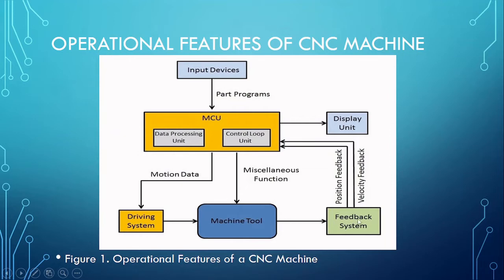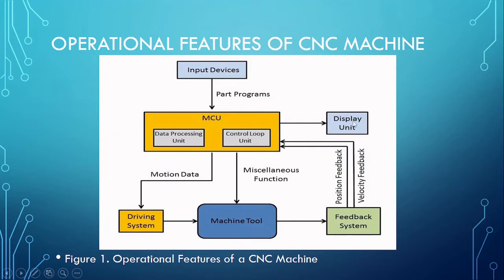Now, there's always a feedback system because part programs are for positions and velocity. So the coordinates of the tool and the workpiece have to be monitored. So there's a feedback system that checks the part program instruction against the actual operations on the machine, which goes back into the MCU, so that the necessary adjustment in terms of current or voltage to actuate the appropriate position and velocity of the system is sent to the machine tool and driving system accordingly.